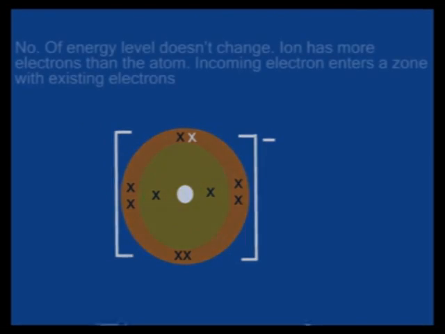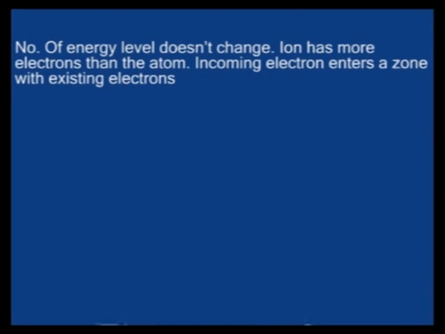Now notice that there is no change in the number of energy levels because the incoming electron actually joins an already existing energy level that was not full. It had 7 electrons. Now the incoming electron completes an octet arrangement. So how does the ionic radii increase?